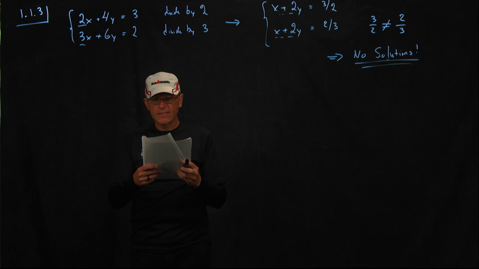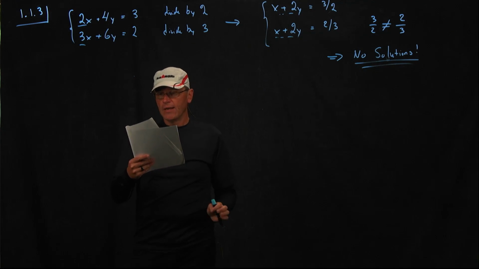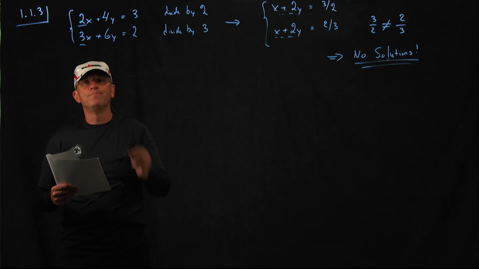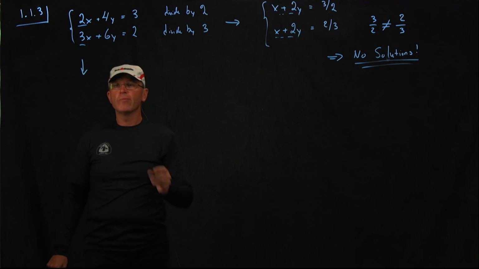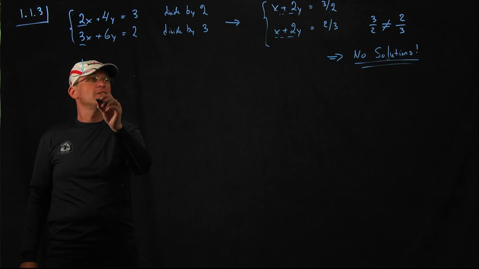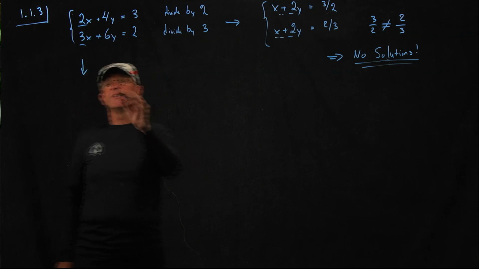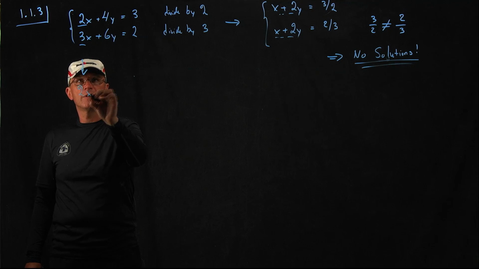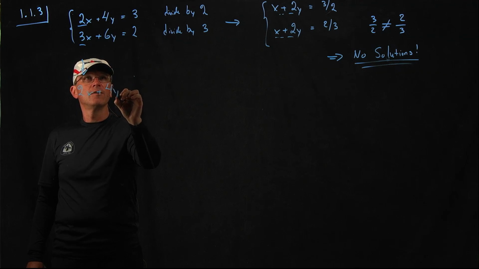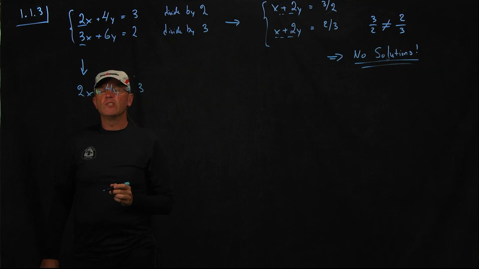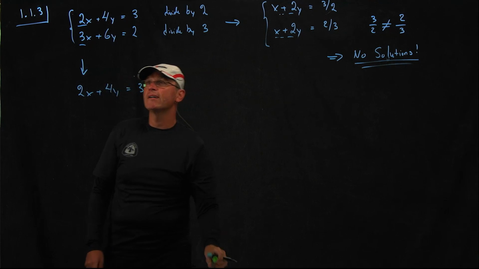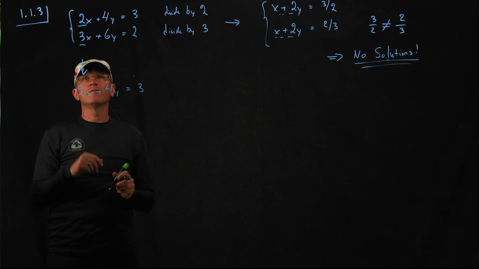The standard route to go about this is, well, you still eliminate. So this is the second way of doing this. We have the first equation, and we subtract an appropriate amount of the first equation from the second.